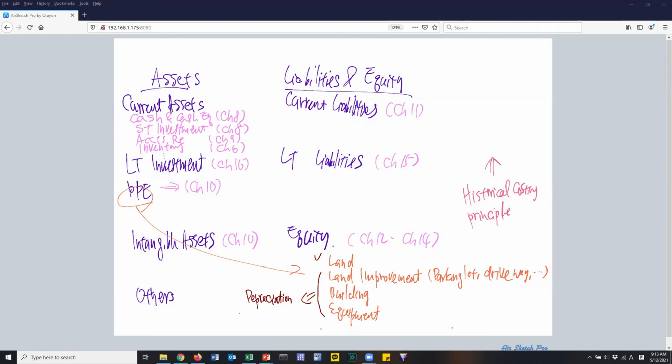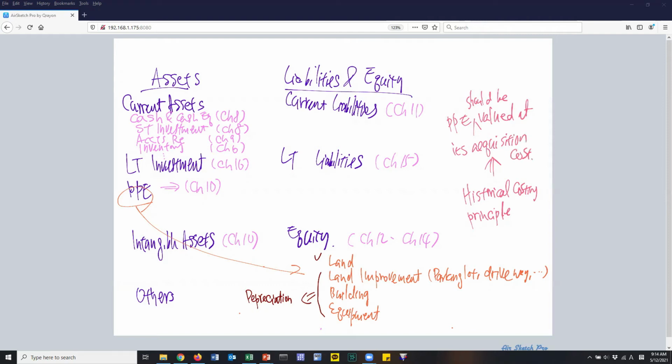This states that your PP&E should be valued at its acquisition cost.